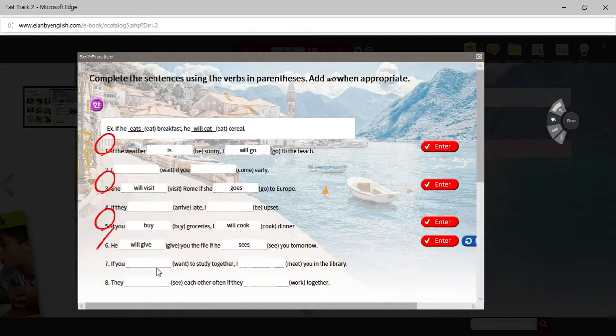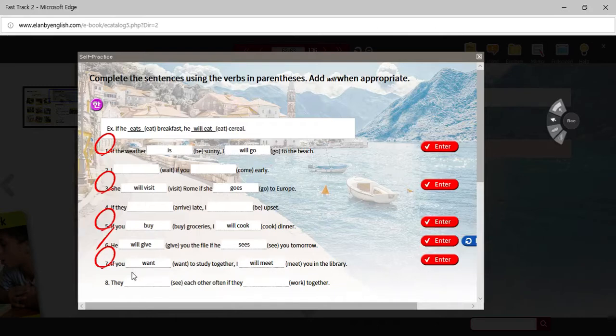Let's try number 7. If the two of you want to study together, or if you want to study together with me, I will meet you in the library. Good. So in this condition, if you want to study together, I will meet you.